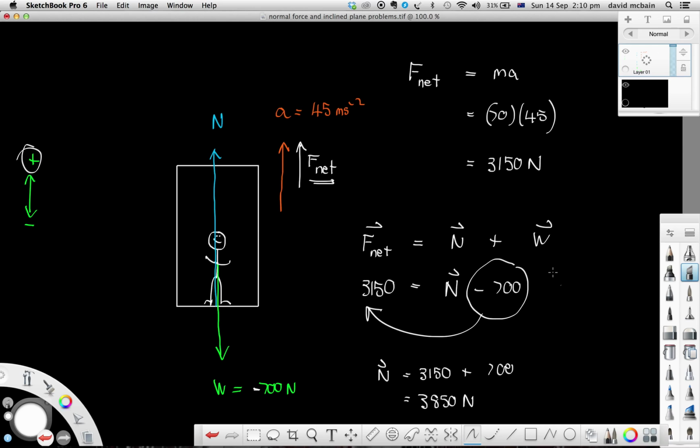To work out the number of G's this corresponds to, that will equal the ratio of the normal force divided by the weight, the absolute value of that, which will equal 3850 over 700, which equals 5.5 Gs.